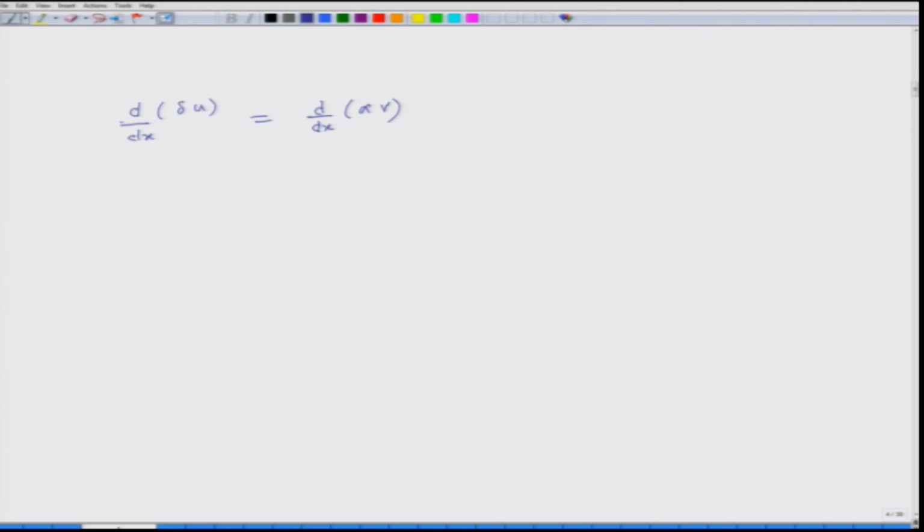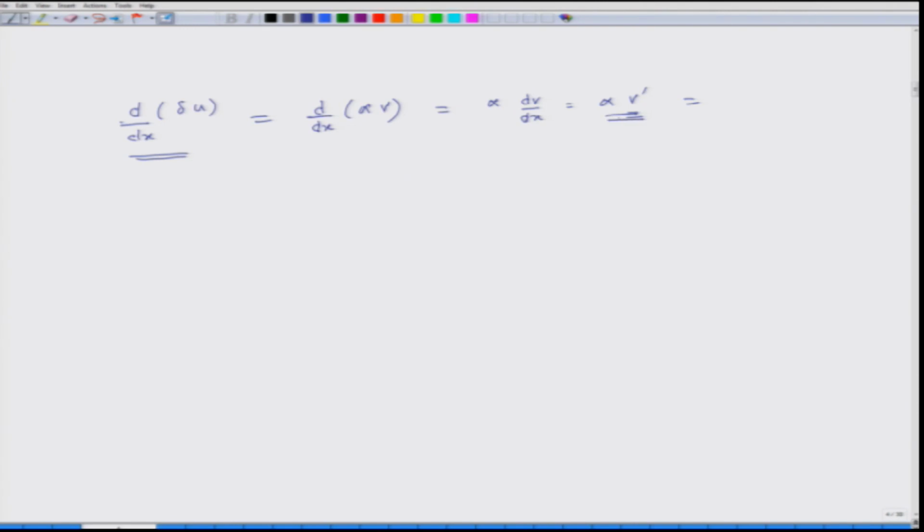So, my goal is how to calculate this thing. So, this is equal to alpha dv over dx, which is equal to alpha times v prime. Now what is alpha times v prime?